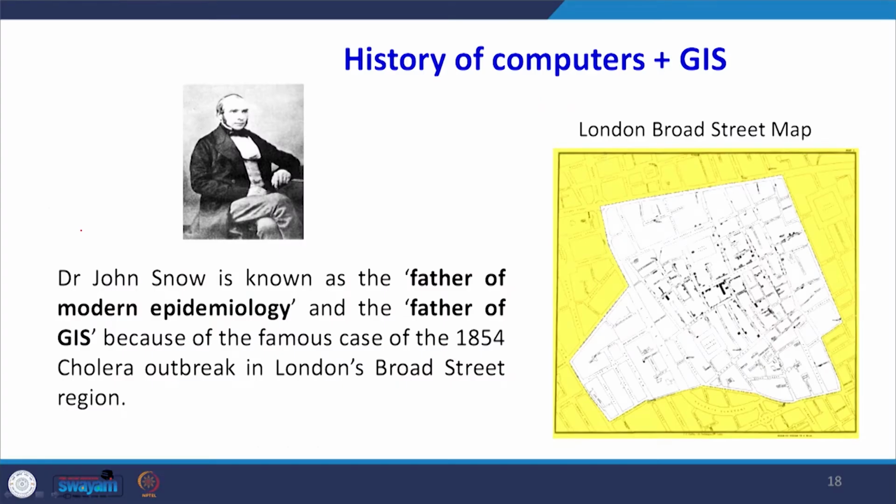There was a cholera outbreak in London's Broad Street, and this was shown geographically in the form of a map, and later, due to the geographical location, it could be correlated with other things like the hand pumps in the area.